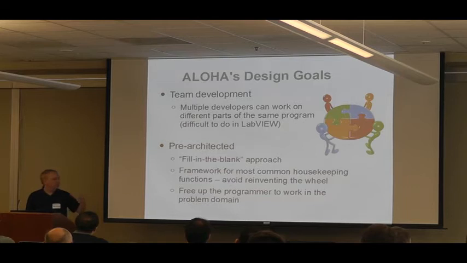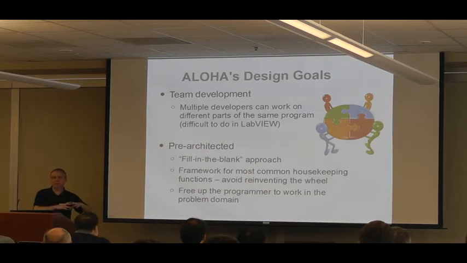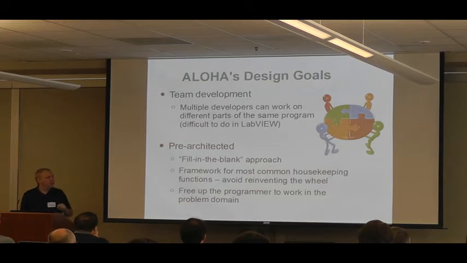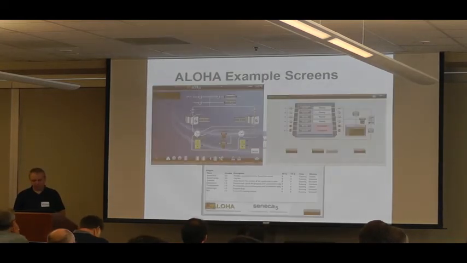And the main thing here again is we free up the programmer to work in the problem domain. Just like TestStand constrains the developer to writing a test that flows into a test step, we can create an environment that constrains the user to writing a piece of code that is a part of a program that we've defined for them.